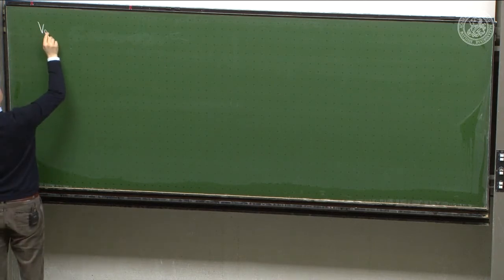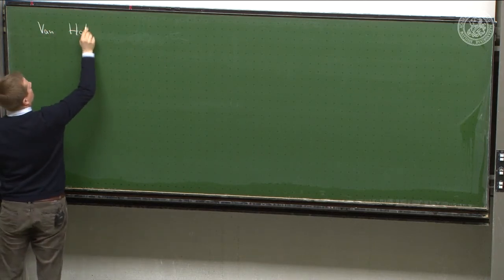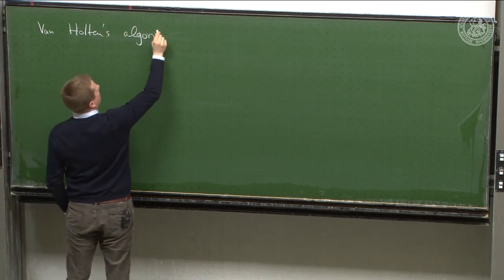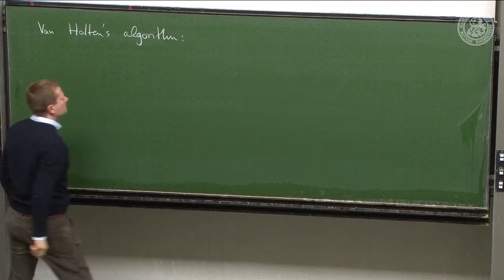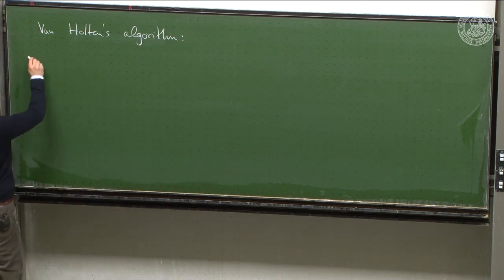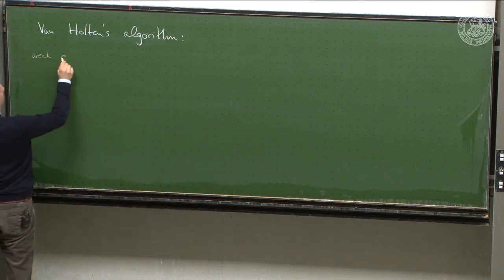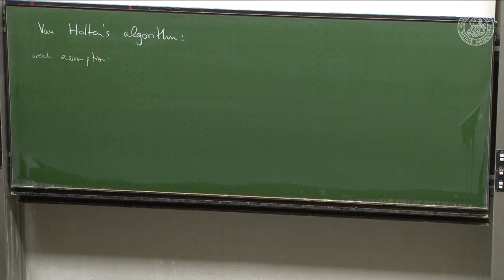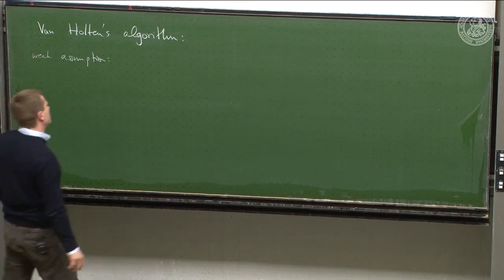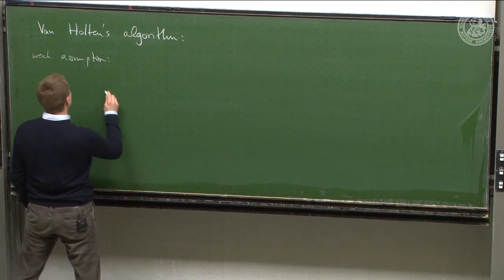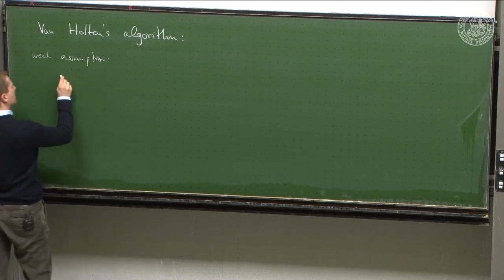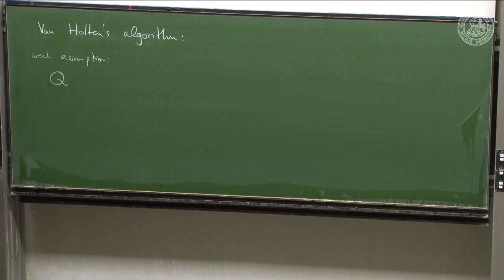I think it's called Van Holten's algorithm. So we make a weak assumption, which means not much is lost by making this assumption. That assumption is that we have a conserved quantity, Q, as said before.